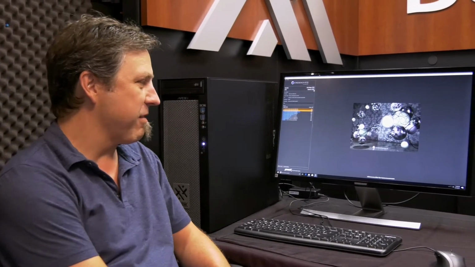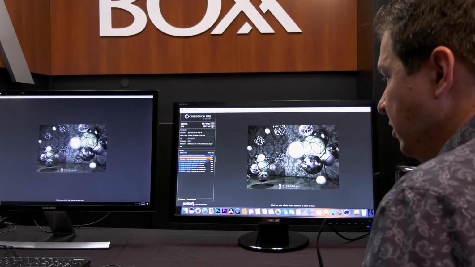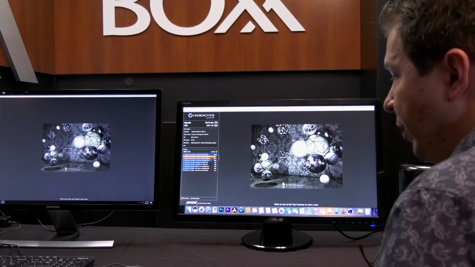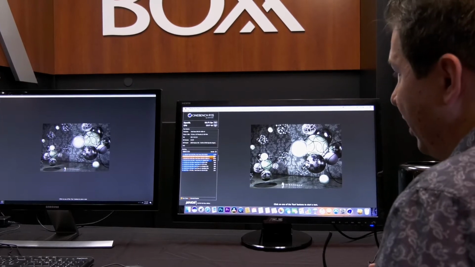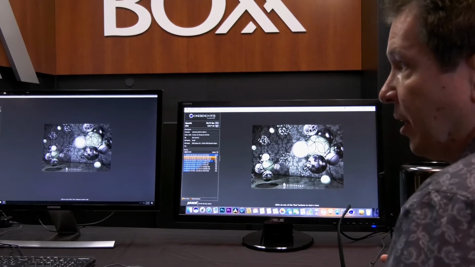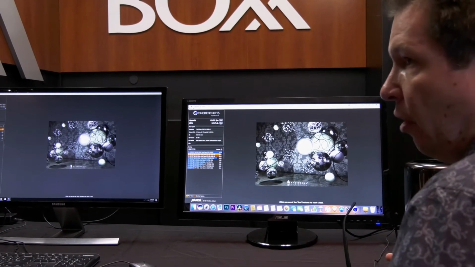Well, and another huge advantage, since BOXX has such a focused user base of creative professionals, they can offer incredible support because they know all these applications and how they run on their hardware. Mm-hmm.